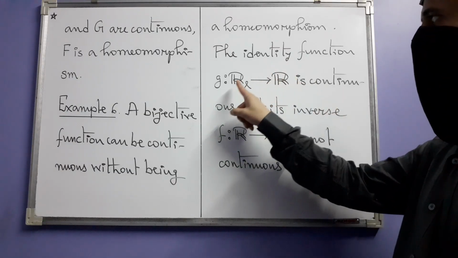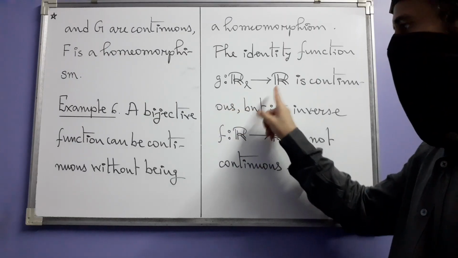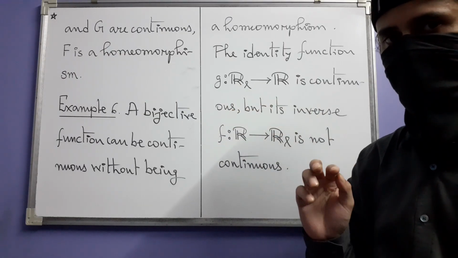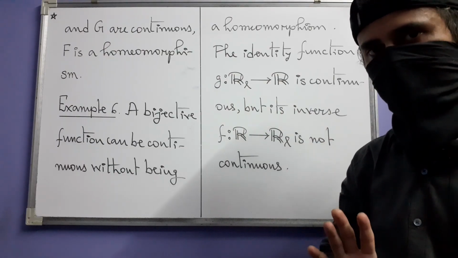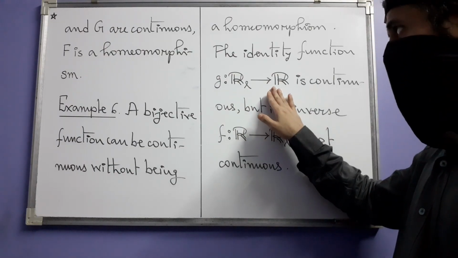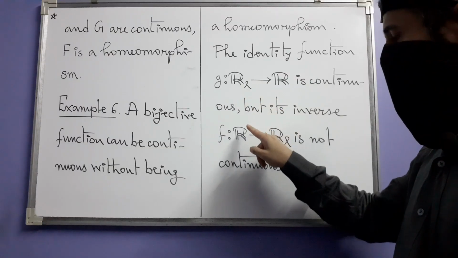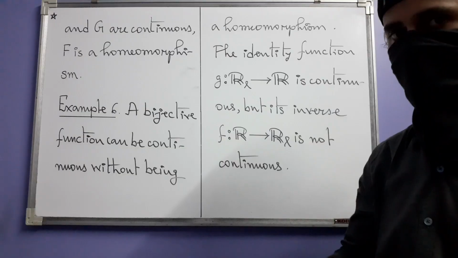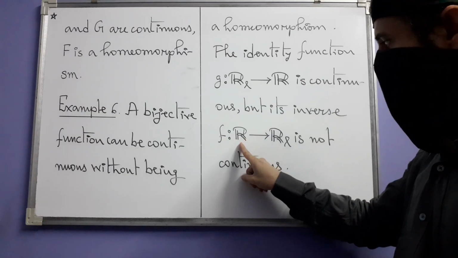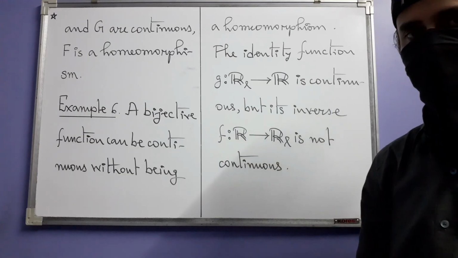You consider the identity function g from RL into R. So g actually does not do anything. You take a real number x, g of x is x itself. But as we have already seen, this is continuous. However, its inverse, which is also the identity function, which however maps R into RL, is not continuous.